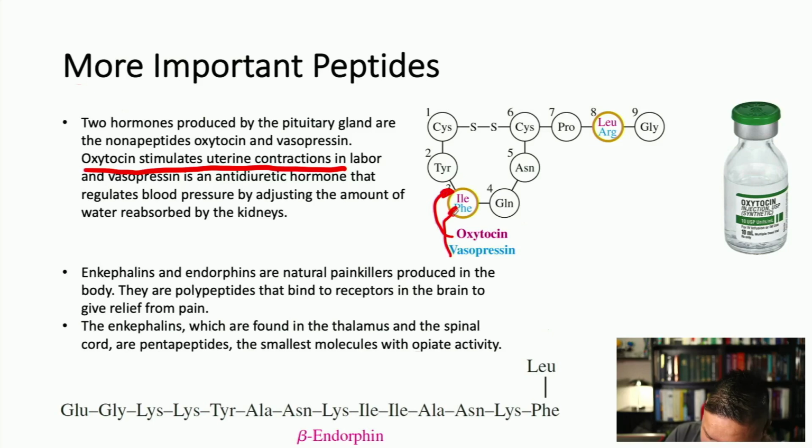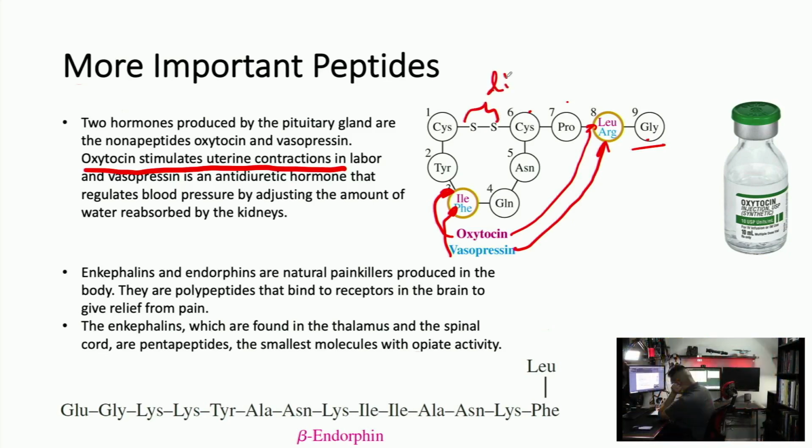Vasopressin has phenylalanine there, right? Glutamine, asparagine, cysteine, proline. Same thing here. Oxytocin has leucine there, and vasopressin has arginine there, and glycine. And this primary structure is being held together covalently with another disulfide bond, right? Another disulfide bond.